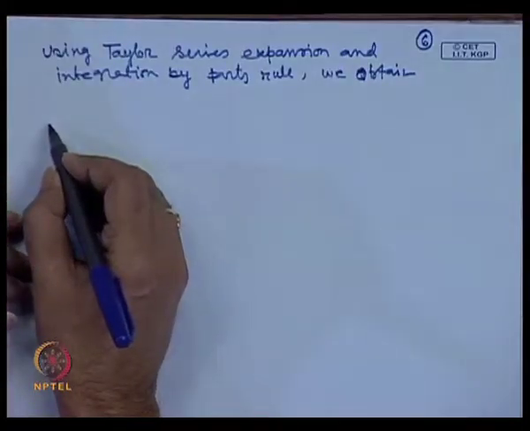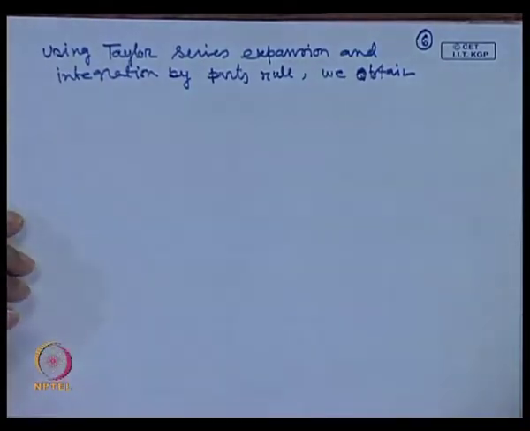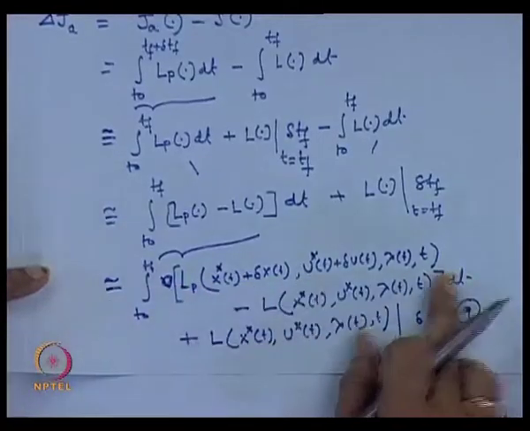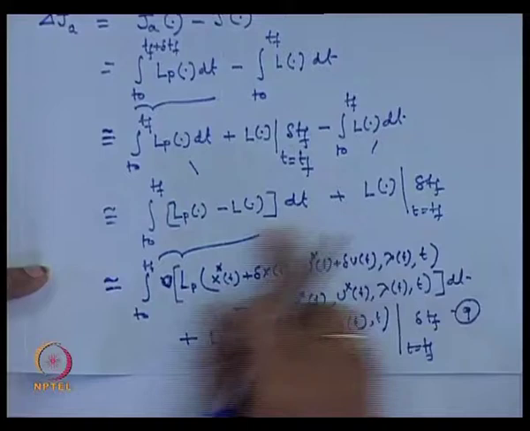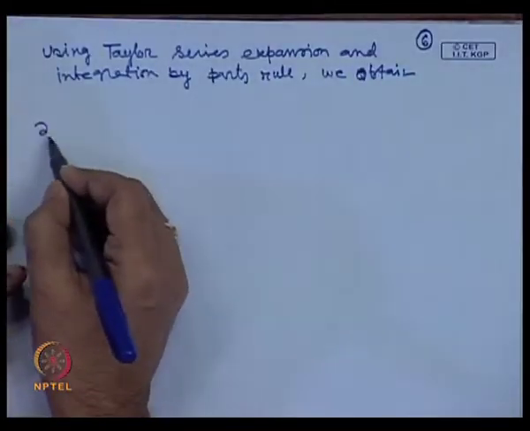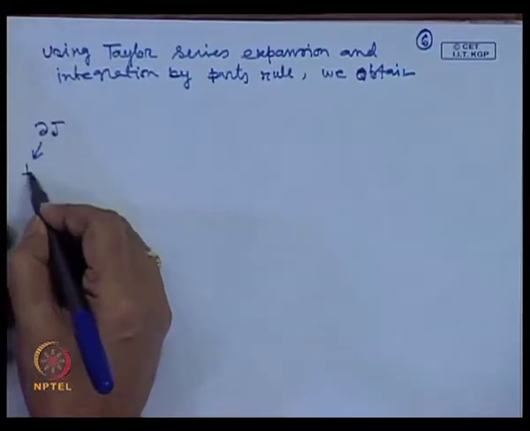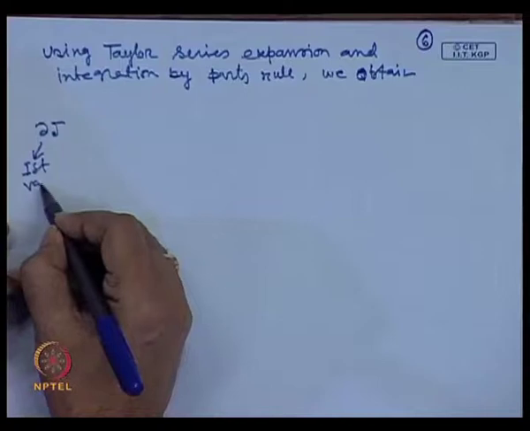So, if you take the first variation of this, if you do the Taylor series expansion and take the first variation of the functional, then you will get del J, the first variation of the functional.